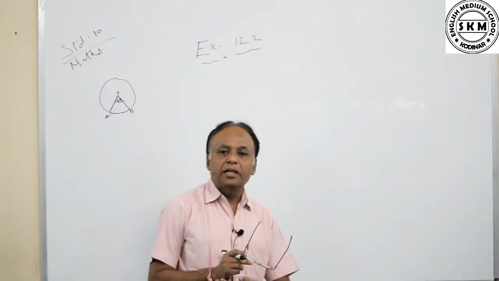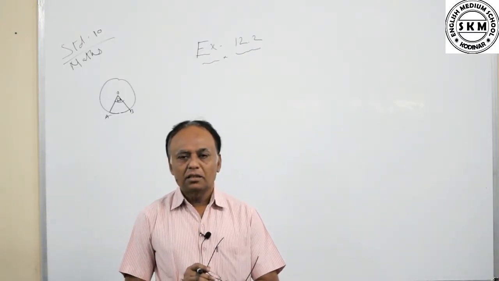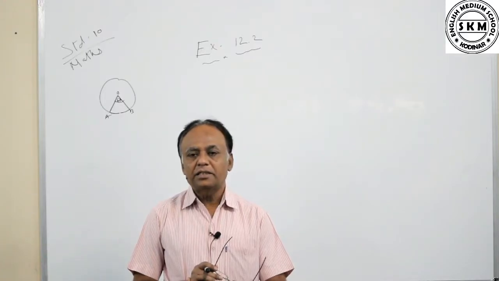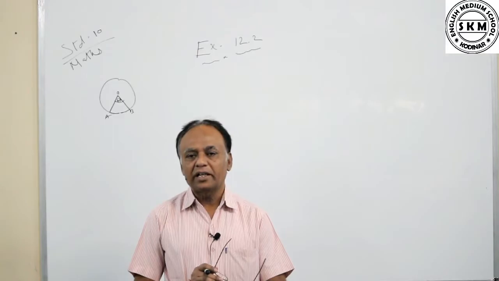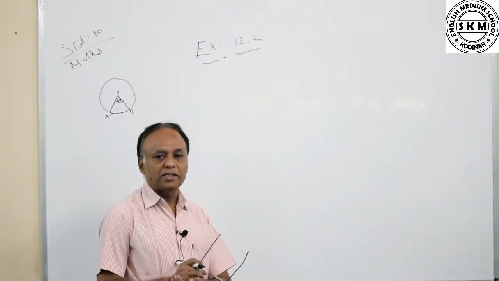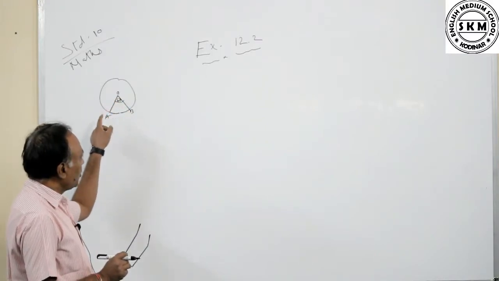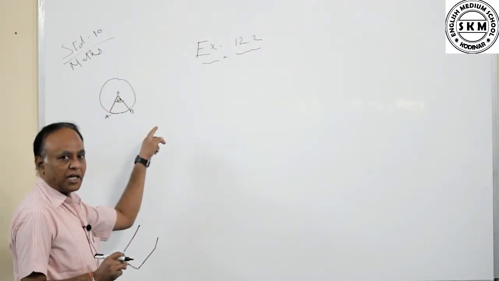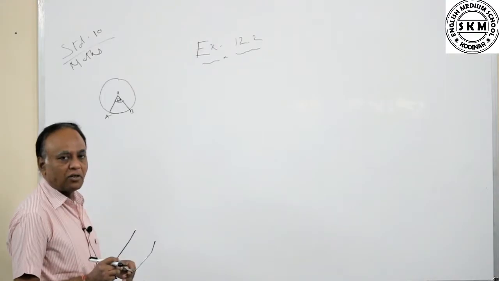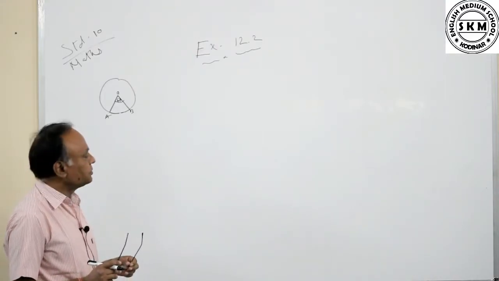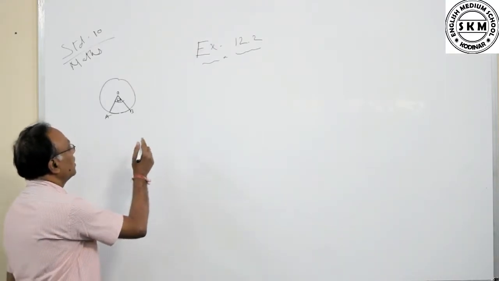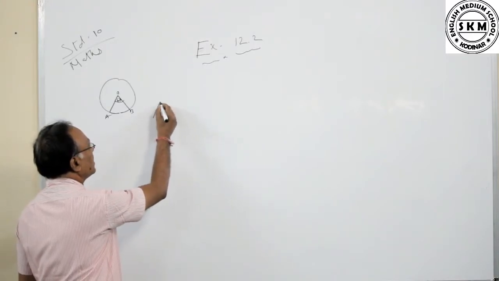Again I repeat the definition of the sector: the region bounded by an arc and the corresponding radii is called the sector, meaning OA union OB union arc AB, minor or major. Here we find the minor sector. So now I also discuss the formulas.